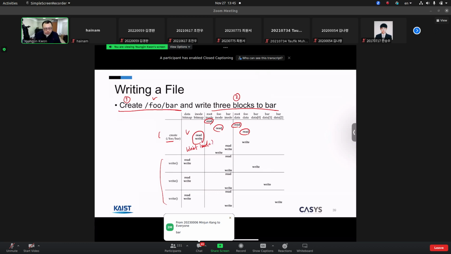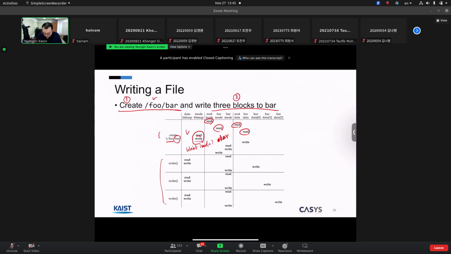Inode for whom? Not for the root. So you have to create this one. This is a newly created file, so reading and updating the bitmap for bar. Let's say you are allocating the inode for bar.